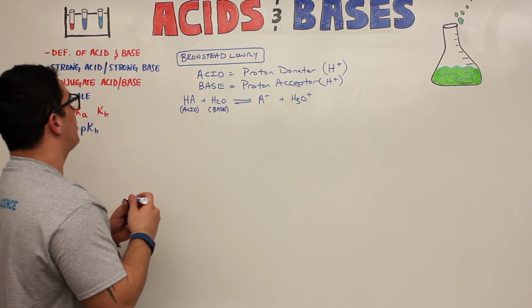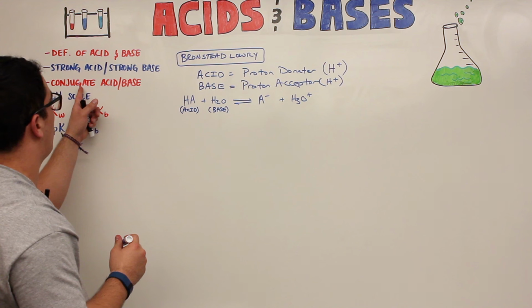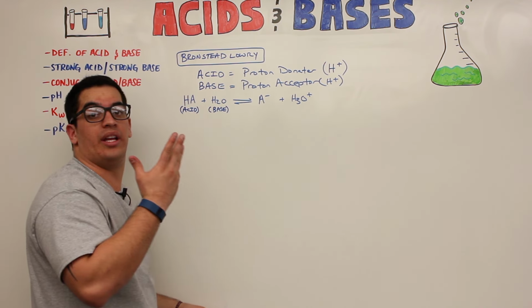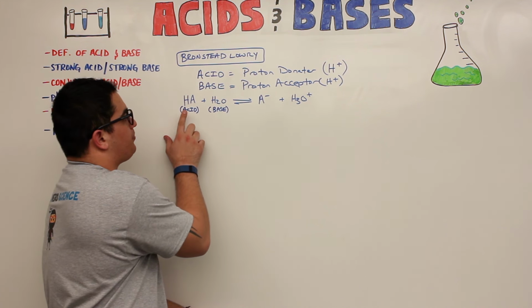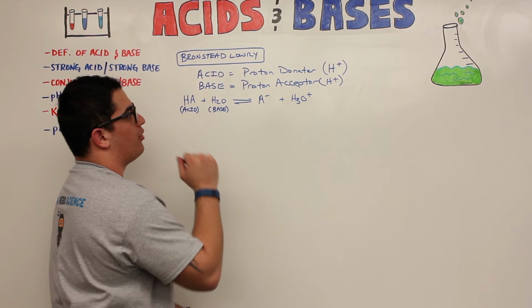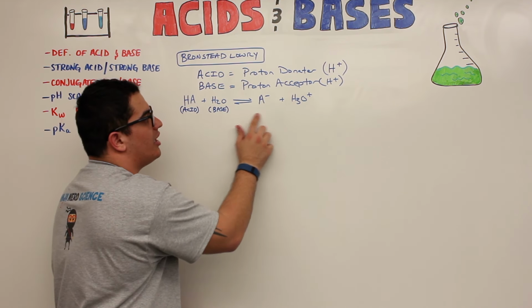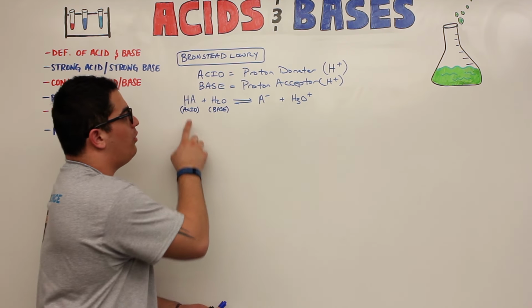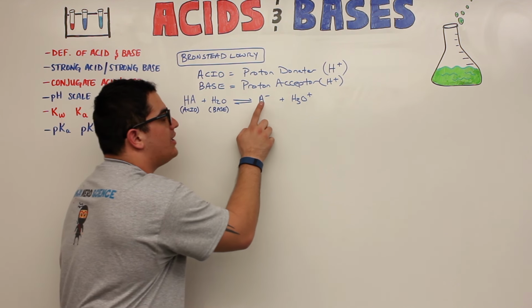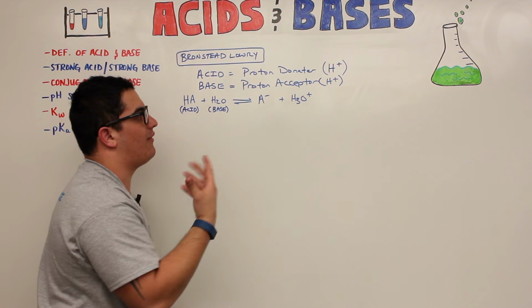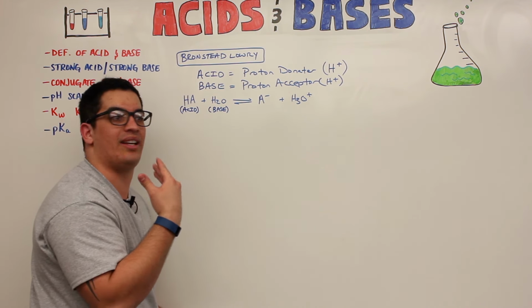Now, while we're here, let's get these terms out of the way: conjugate acid and conjugate base. An acid, when he gives up the proton, so he donated that proton to the H2O, turns into a different term. He was an acid, but now he's a base. Usually bases have negative charges, right? They're really good at having negative charges.